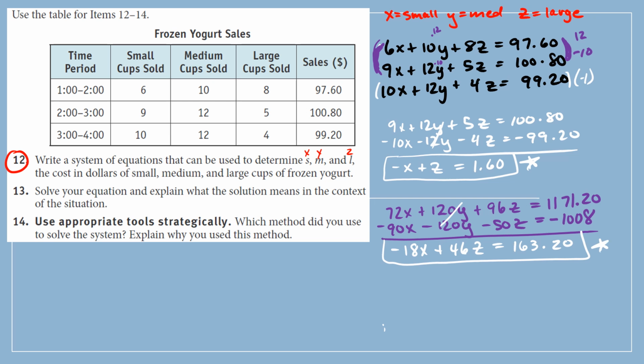So what we'll need to do is stack these up, and hopefully you can tell all we would have to do is multiply this top one by, well, let's see now. We're going to need to change the signs, aren't we? Can you tell that? Because we need one of these to be -18 and one to be +18. So I'm going to multiply this top by -18, okay?